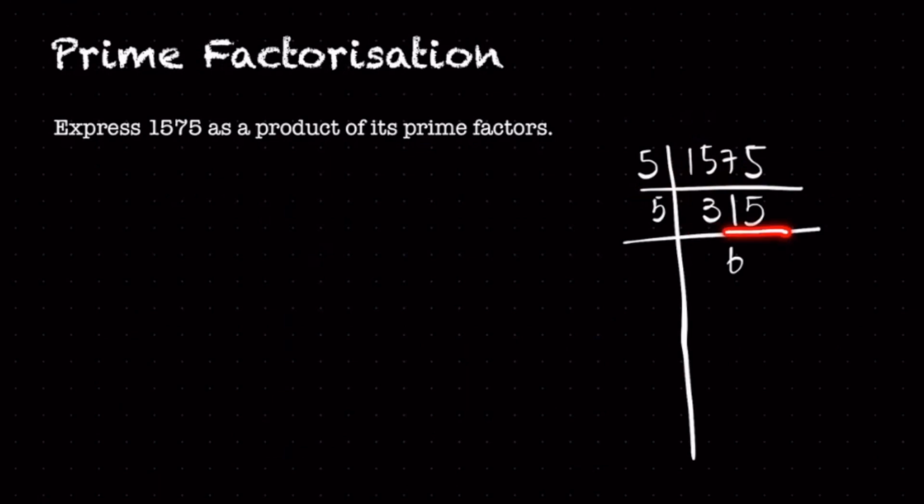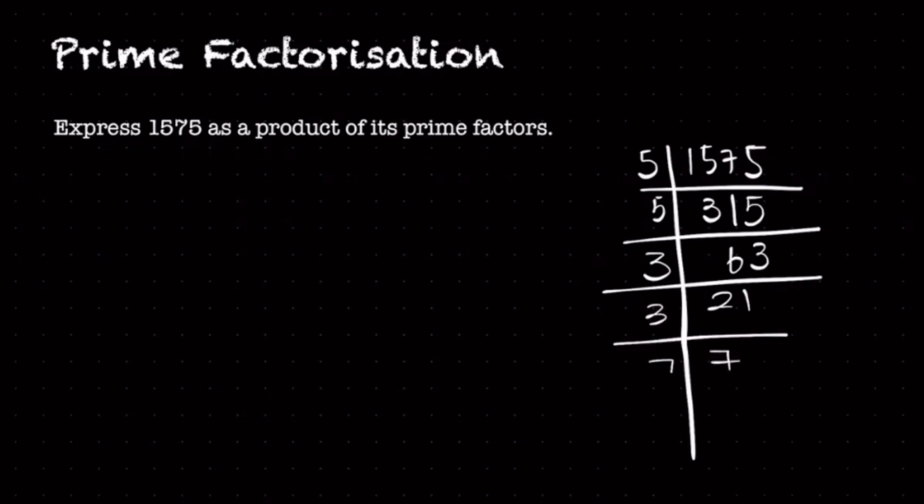Left 1, so 15, and we have 3. And then we can divide by 3, because 3 and 6, or 6 and 3, we have 21. 21, we have a 3, which gives you a 7. 7 gives you a 1. Alright. There we have it.